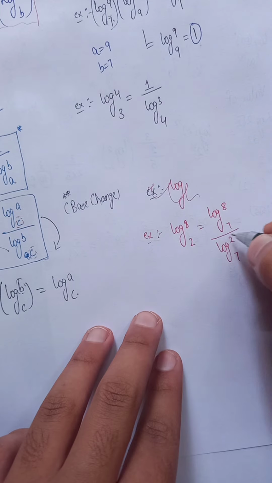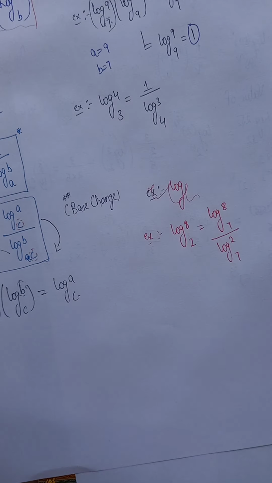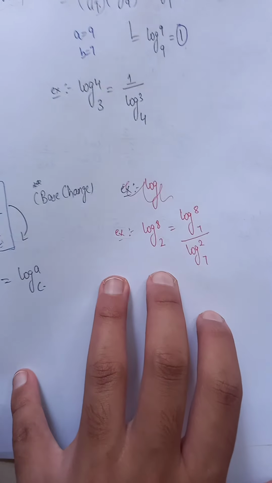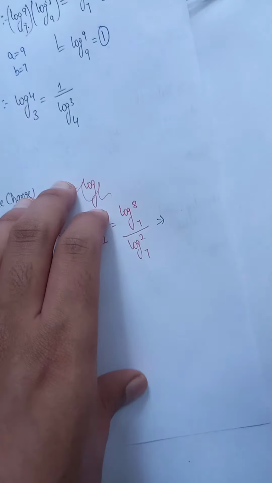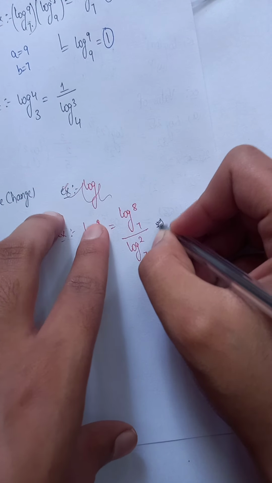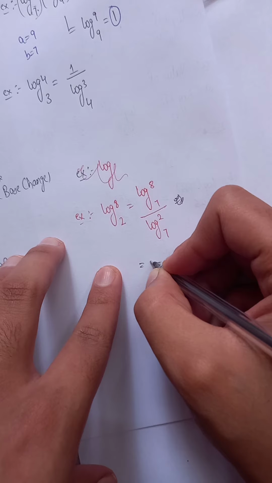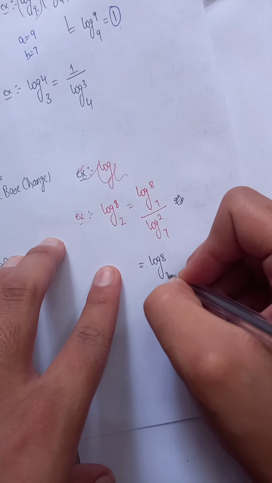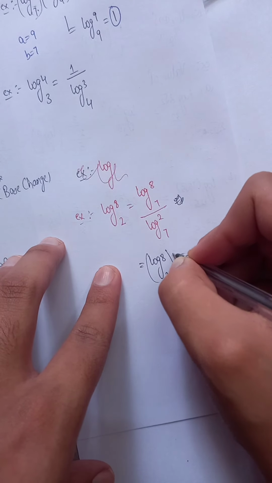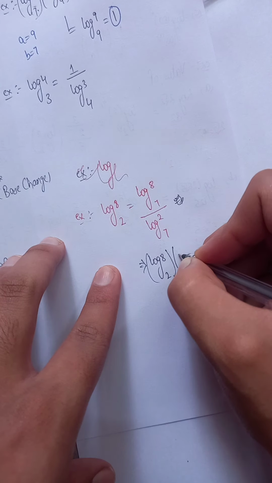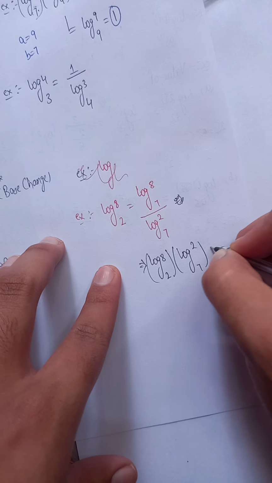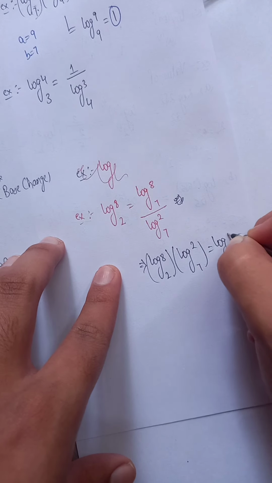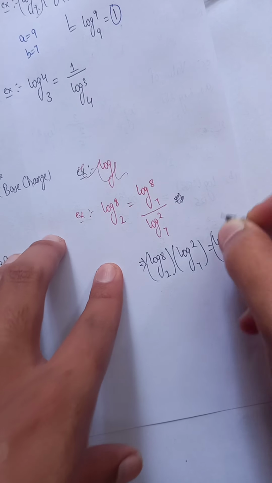See, the bases of the numerator and denominator are the same, so it implies log 8 to the base 2 into log 2 to the base 7 is equal to log 8 to the base 7. This is one way of writing it.